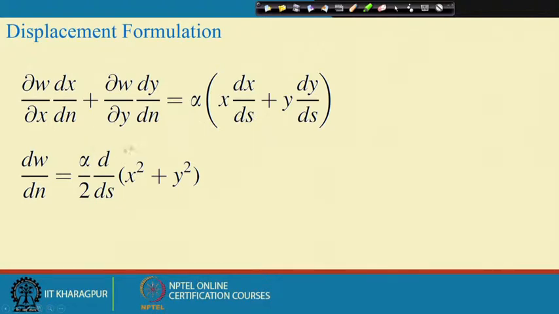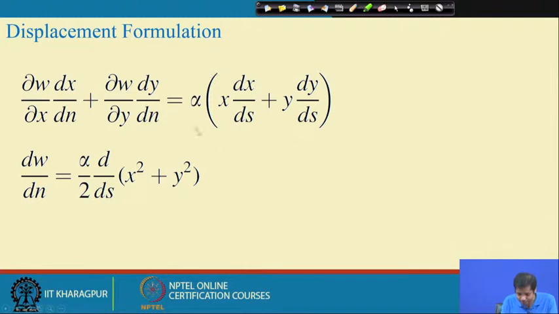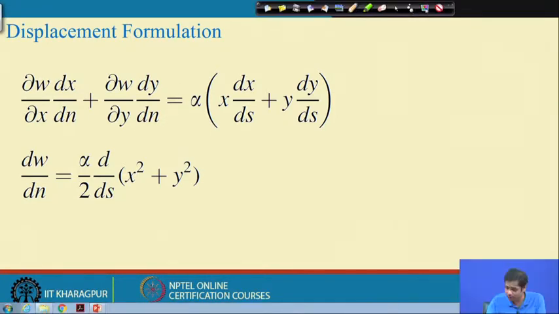If we substitute this dw dn, if we take the derivative with respect to s outside, the right hand side part can be written as dw dn, and if we take from the left hand side dw dn, and on the right hand side I take d/ds outside, then we have an equation like this. Okay. So, this is important.